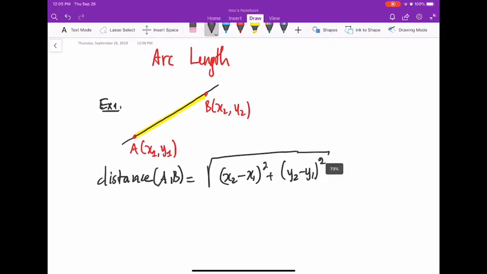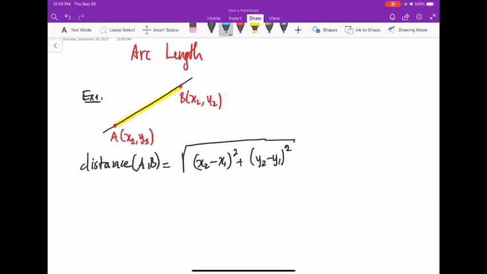Or we can write it in the following way. This is just delta x, so I have delta x squared here, plus this is delta y, I have delta y squared here. So this is equal to the square root of delta x squared plus delta y squared. Everything is good with the distance between 2 points on a straight line.